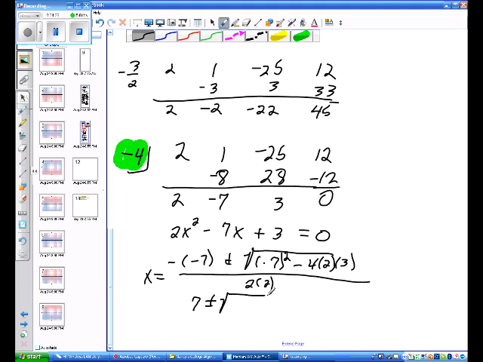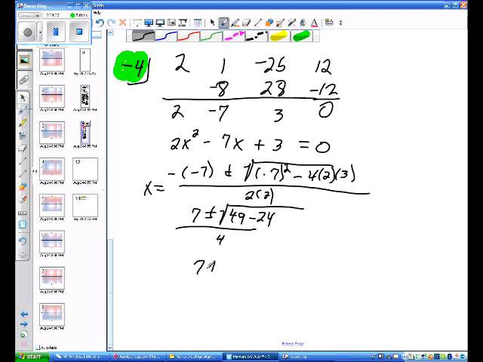So that would be 7 plus or minus the square root of 49 minus 24 over 4, which is 7 plus or minus the square root of 25 over 4, or 7 plus or minus 5 divided by 4. If it's the plus, 7 plus 5 is 12, divided by 4 is 3. 7 minus 5 is 2, divided by 4 is 1/2. So there were 2 positive real roots.